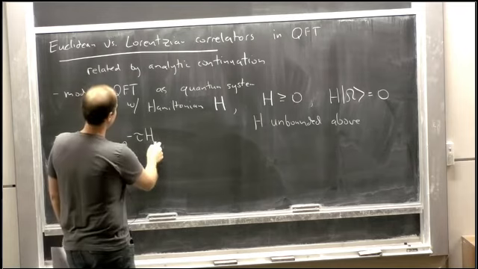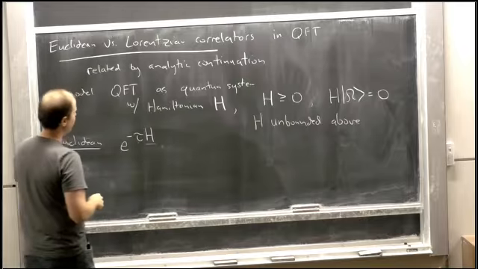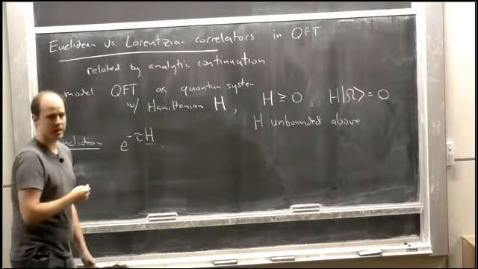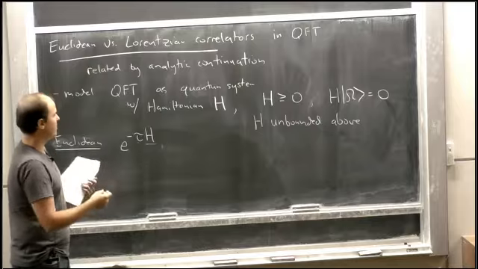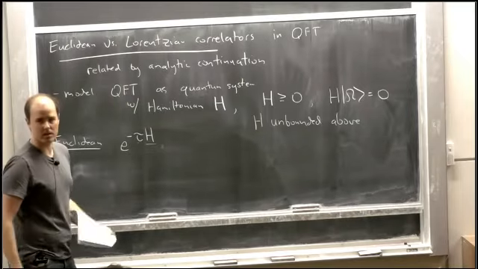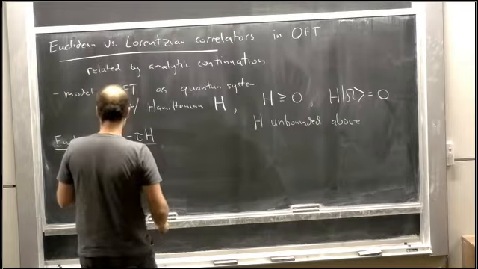Because the spectrum of H is positive, if we evolve for a positive amount of Euclidean time, then this operator causes exponential damping in time. And this corresponds to the fact that correlation functions in Euclidean signature decay as you move the points away from each other.